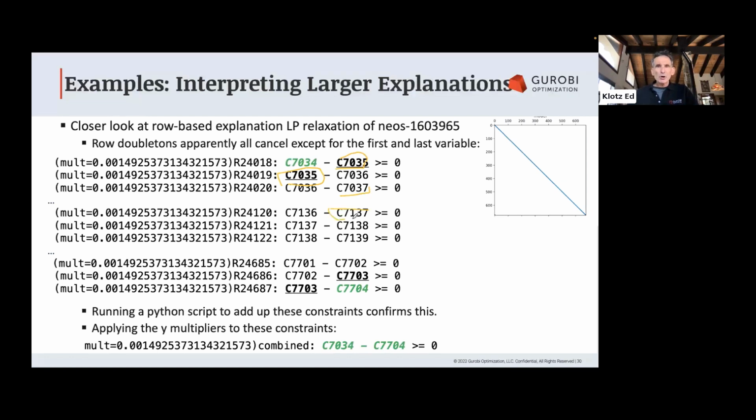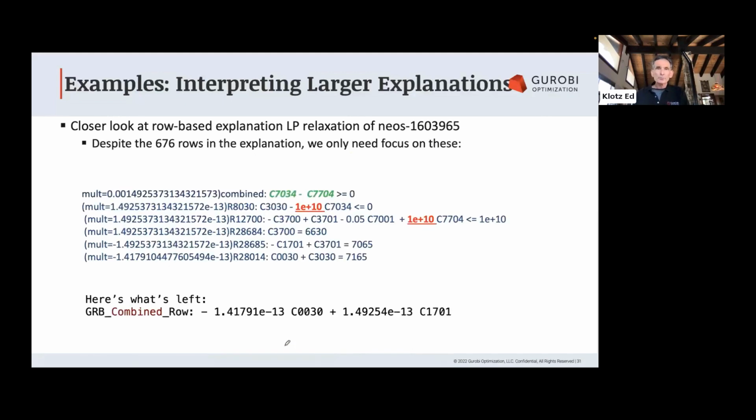We see this over and over again for the hundreds of constraints that look like that. So we could just add up all these constraints. They all have the same multiplier value, so we could compress them down into this one combined constraint at the bottom of the slide, and it would be equivalent in terms of explaining the infeasibility.